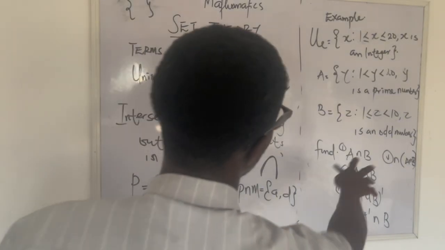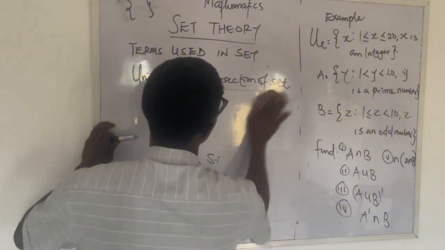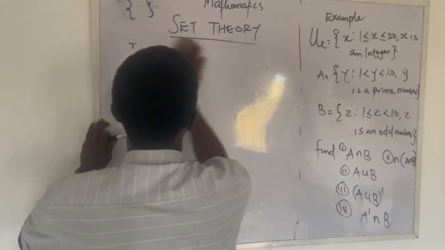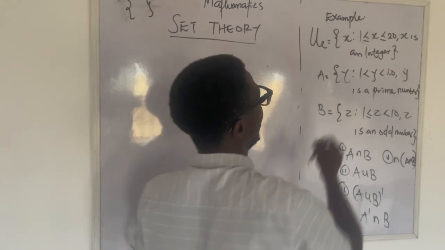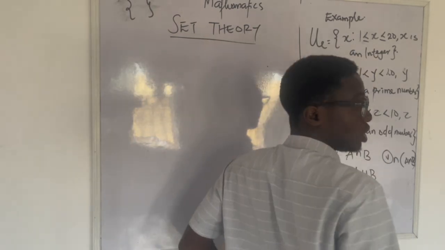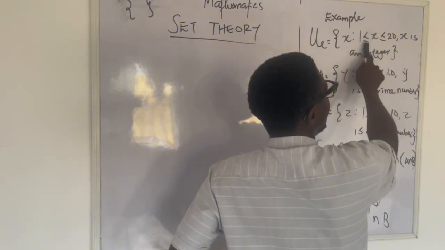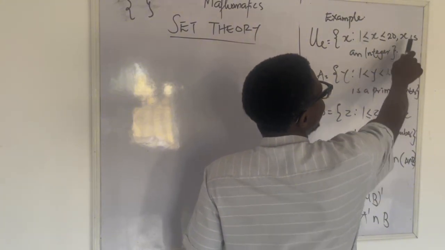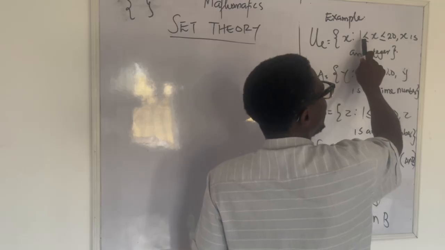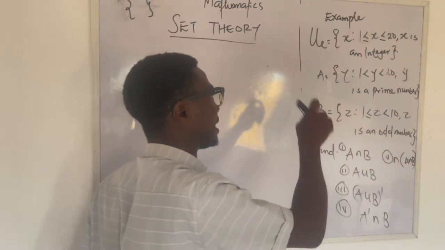So now, finding the solution to this, the first thing we should do is what? Is listing out. Now, this is what? Set notation. Now, this is having what? Equal to, less than or equal to, which means that these are integers. X is an integer, and it should start from 1 and end in what? In 20. That's what it implies.